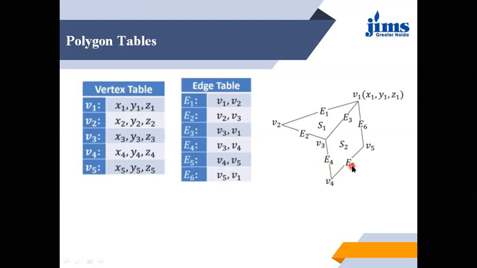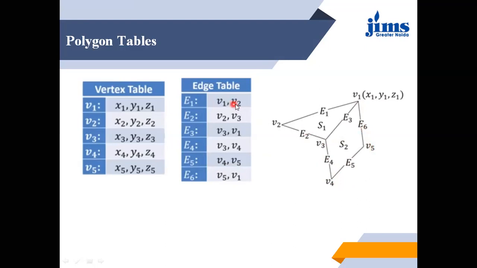This is E5, the collection of vertices V4 and V5 you can see over here, and the last edge, that is E6, is the collection of V1 and V5.